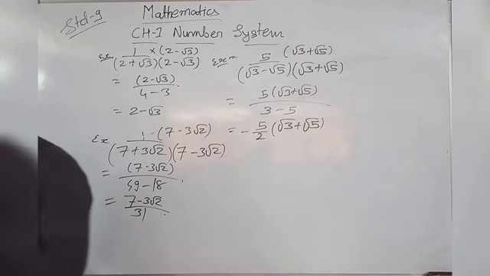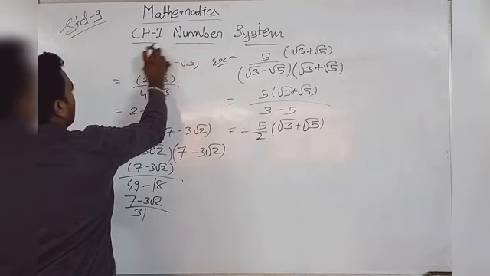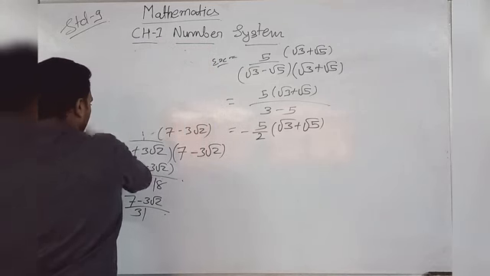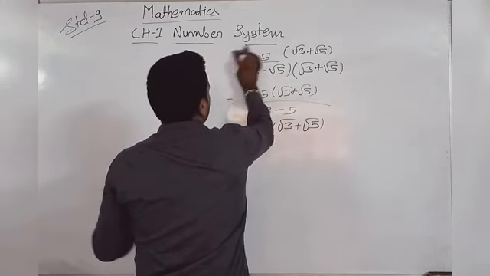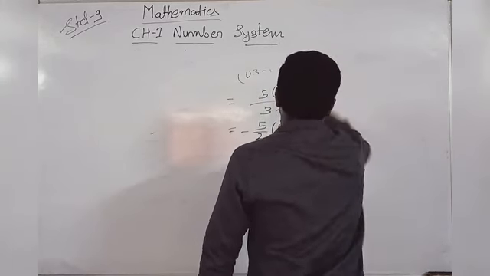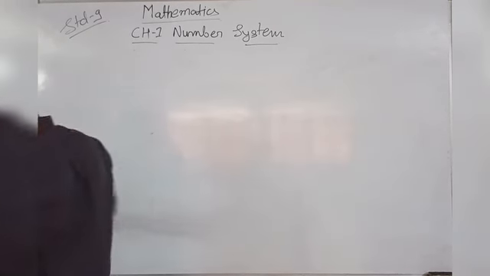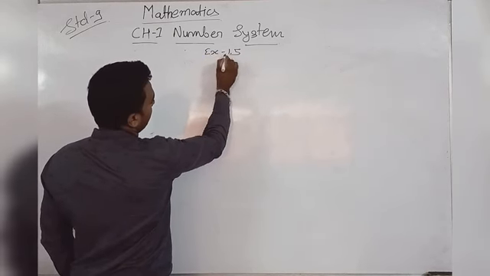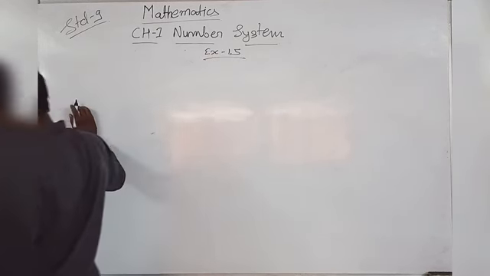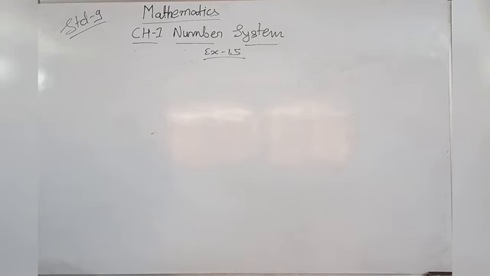Now next your exercise 1.5. Here your question 1 is to divide rational and irrational numbers.